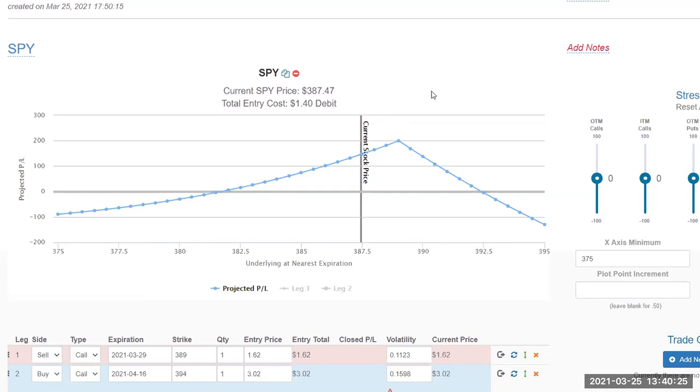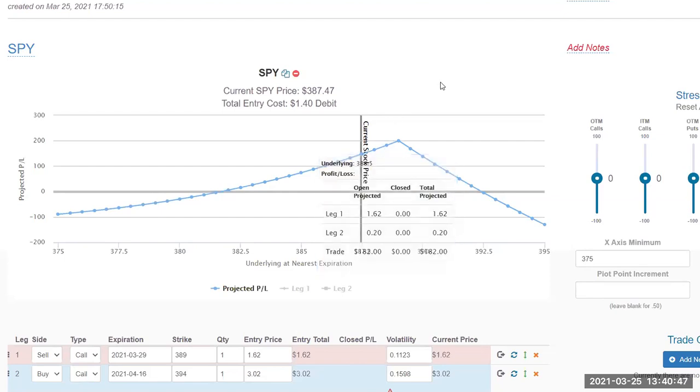And so it does require a little bit of your willingness to take a little bit more of a risk if the market makes a big move in a short period of time. And there are ways to mitigate that a little bit, but this is ultimately what this trade is doing.